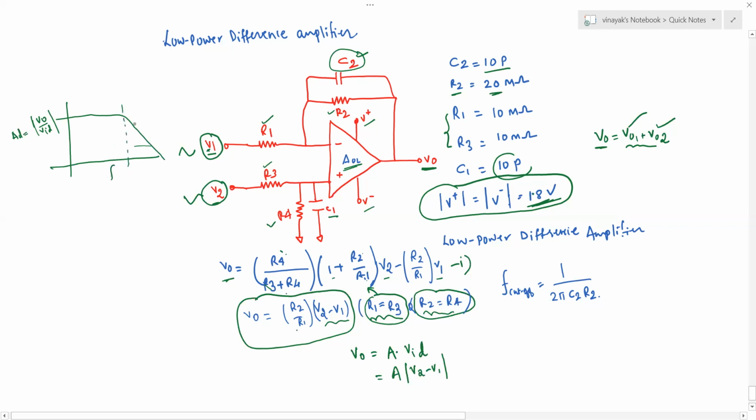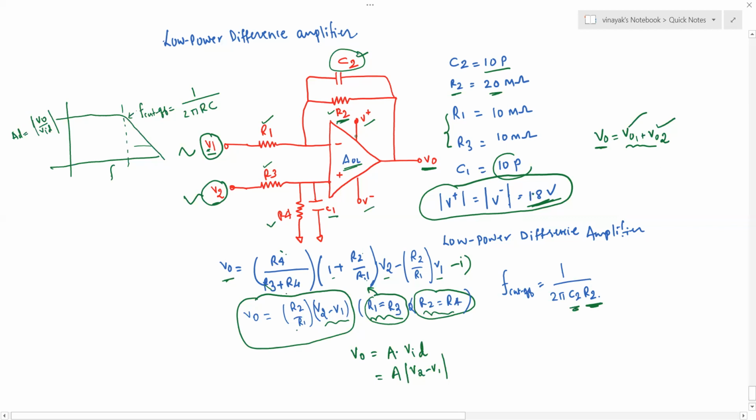Somewhere here you will have the minus 3 dB point, and therefore you will have this cutoff frequency that is set by 1 over 2 pi RC. And the value of R is R2 and C2, that is in the feedback. So R2 C2 will form the first pole and the dominant pole in the circuit.